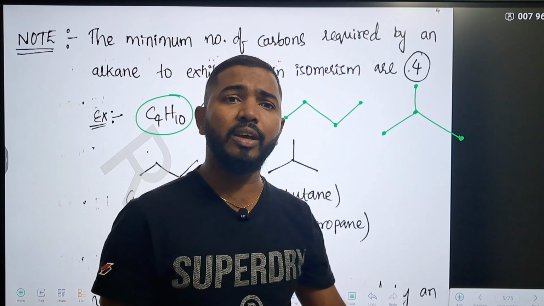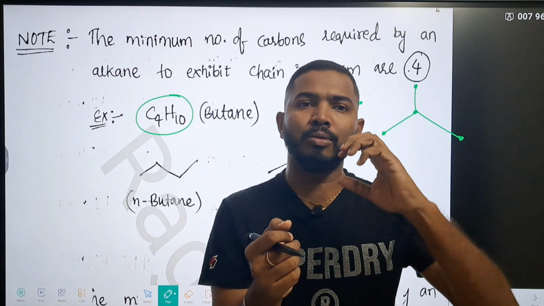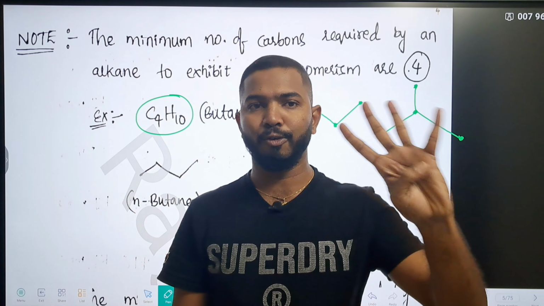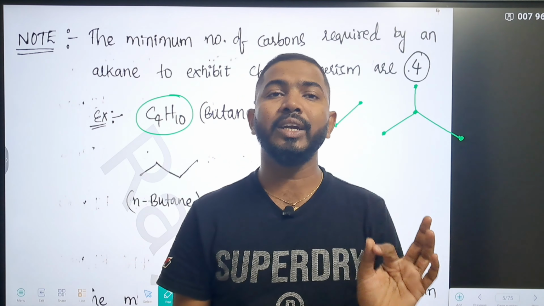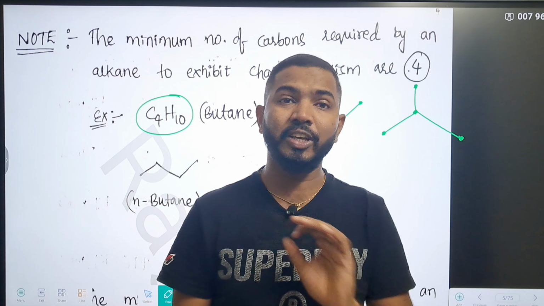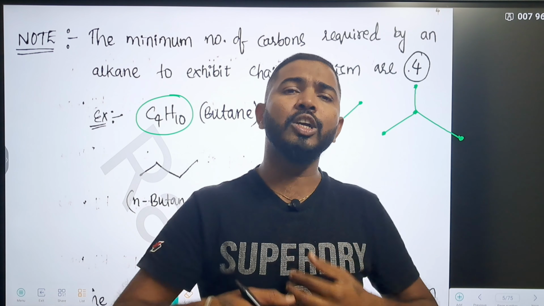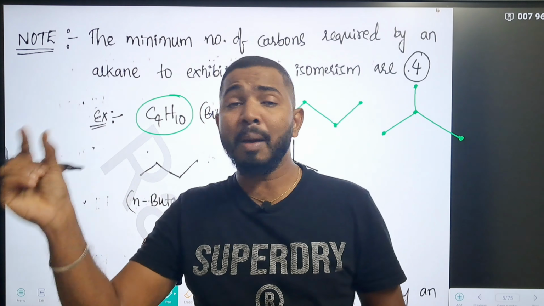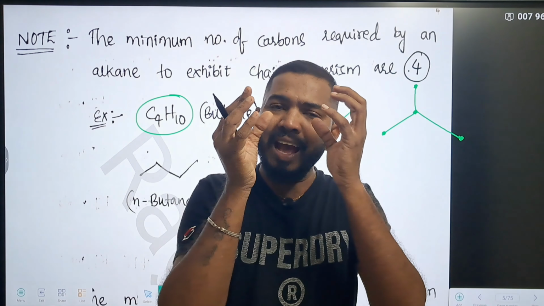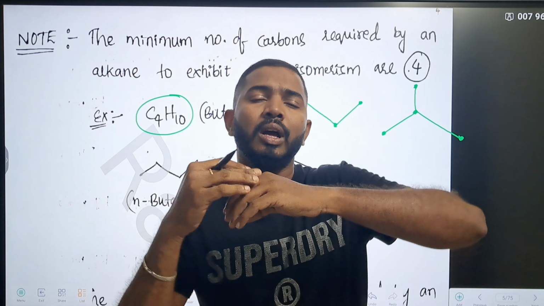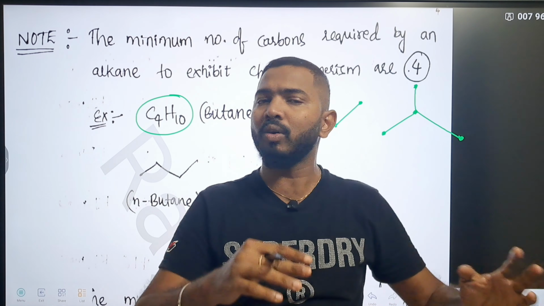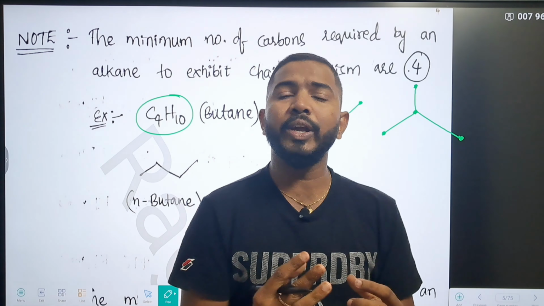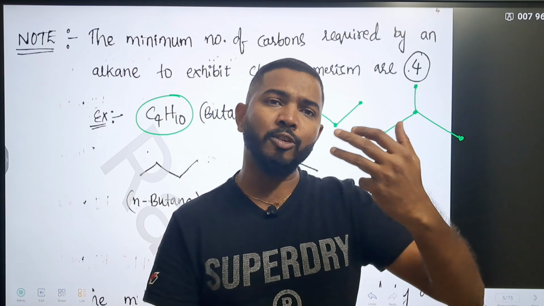Now the question is, the minimum number of carbons to show chain isomerism by an alkane is obviously 4. With 3 carbons we don't get a chain isomer, because in order to call something a chain isomer, we need to see a difference in the carbon number in the parent chain. When we have 3 carbons, we can't put one of the carbons as a substituent, so we are not going to get a corresponding chain isomer.